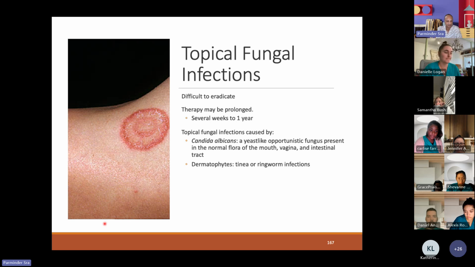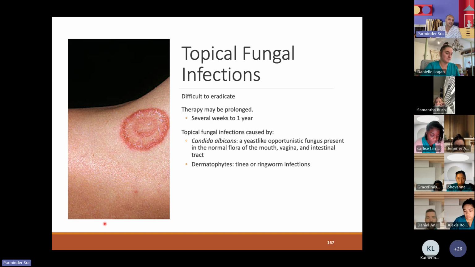Here comes fungal infections and antifungals. Now, this is not a bacterial infection, this is fungal infection, and they can affect various parts of the body: skin, hair, nails, and under the nails. They're really tough, very stubborn, real challenging to treat.